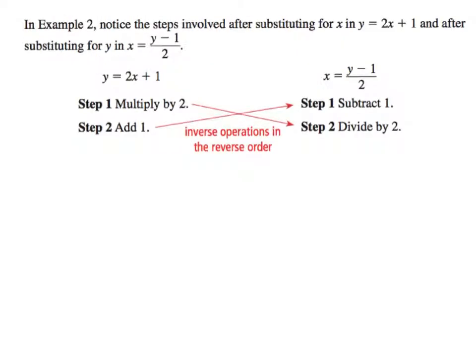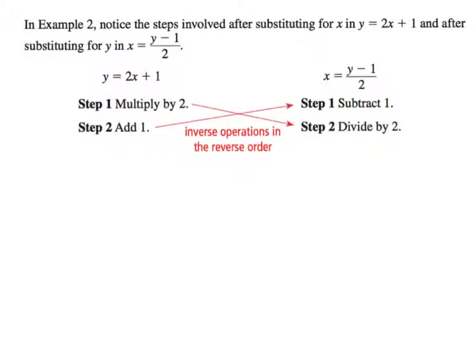All right, so now this is going to get difficult. Notice in example 2, the steps involved after substituting for x: y equals 2x plus 1, and after substituting for y: x equals (y minus 1) divided by 2. So, step 1, multiply by 2, then you add 1.